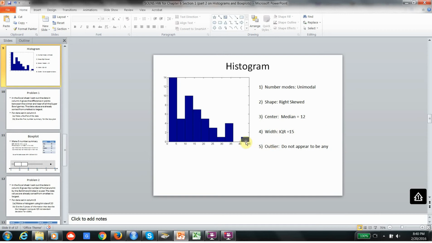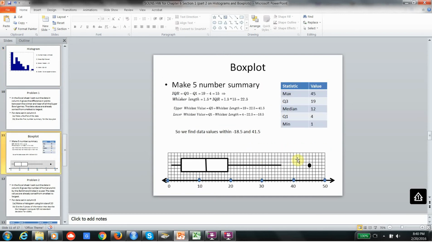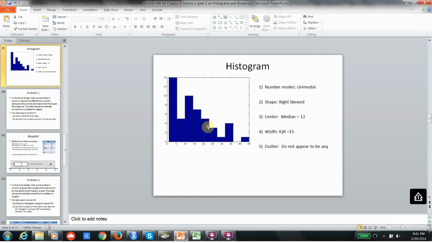Even though this is an outlier, I wouldn't know this. So this is one of these situations where we just do things visually. This doesn't appear to be really far away, so we say it's not an outlier. But when we actually do the box plot, we find out that technically it is. So when we do the box plot, we can unambiguously say whether it's an outlier. When we do the histogram, we just have to make a good guess visually.